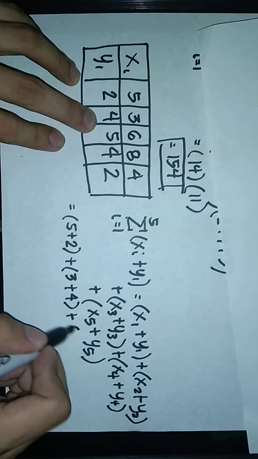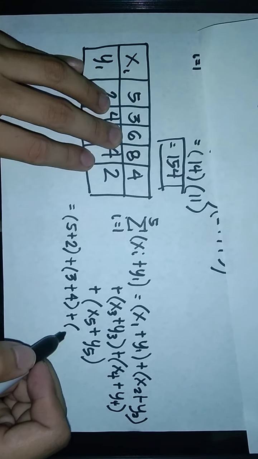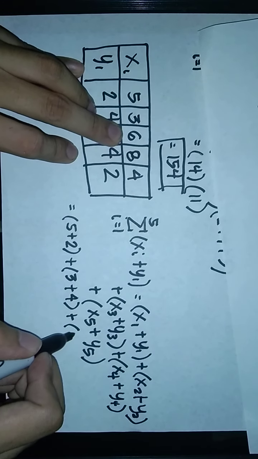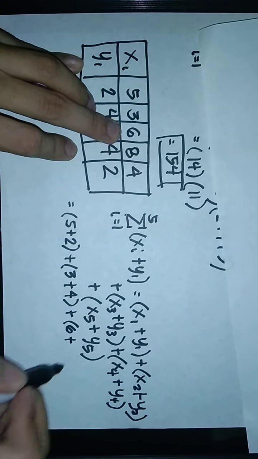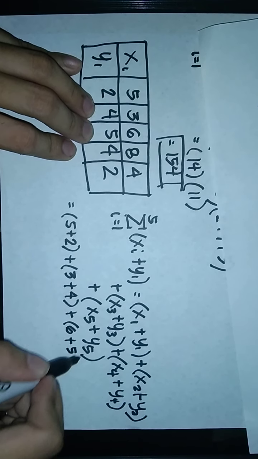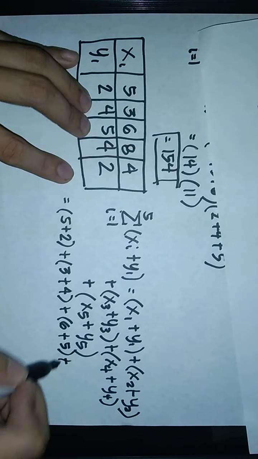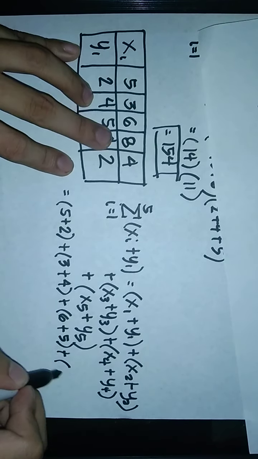So, ano yung ating x sub 3? Yun yung pangatlong x value, which is 6. Ipa-plus natin siya sa katapat niya, which is 5. Then, let's have 8 plus 4 plus 4 plus 2. Okay.